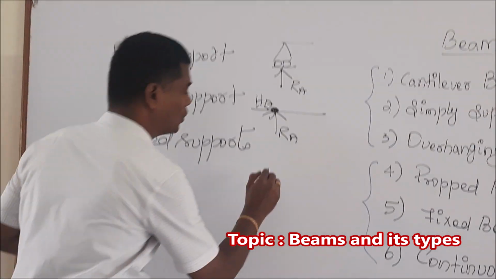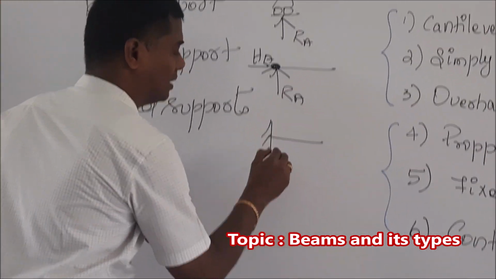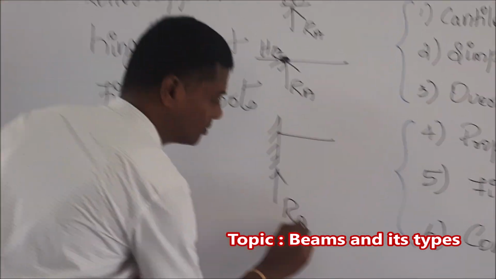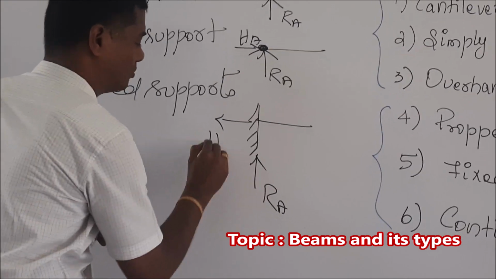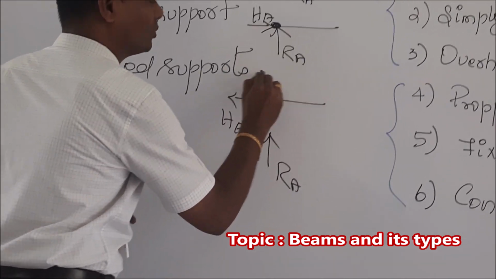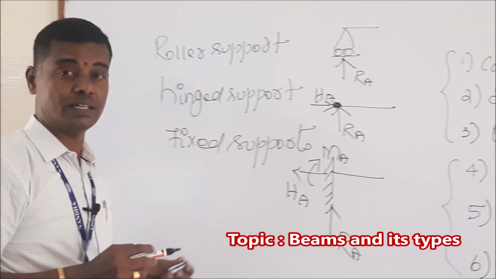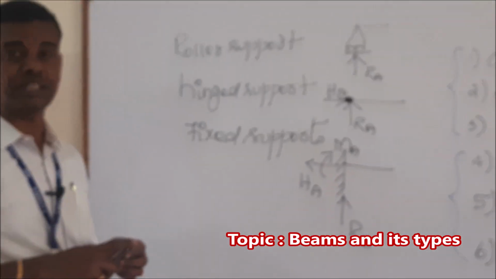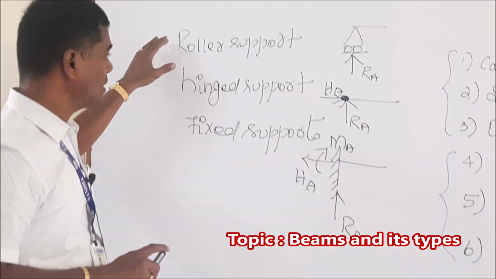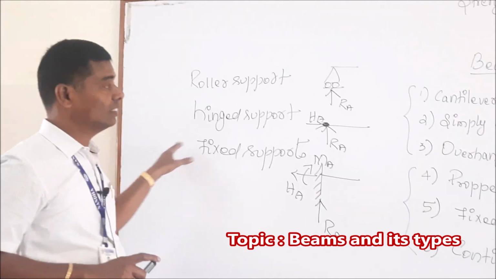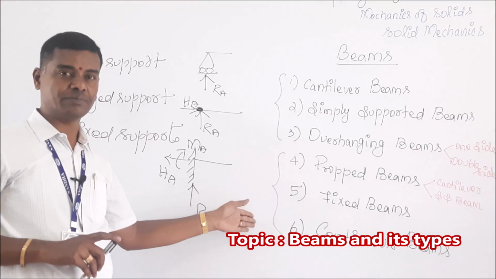In the fixed support, normally there are three reactions. It will consider the horizontal reaction, vertical reaction, as well as moment. So based upon these reactions, the different types of beams are classified.